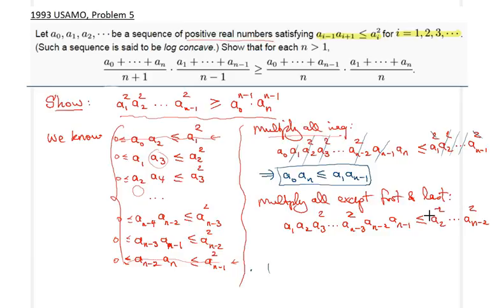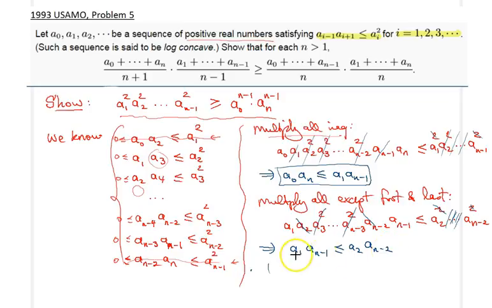So after simplifying, realizing that all the a sub i's are greater than 0, so no problem in simplification, all these square terms, the things in the middle, will all cancel out. The a sub 2 square will cancel out with this one, the square here will cancel out with this one. So on the left hand side we will have just an a sub 1 and an a sub n minus 1 remaining, which will be less than or equal to a sub 2 and a sub n minus 2.